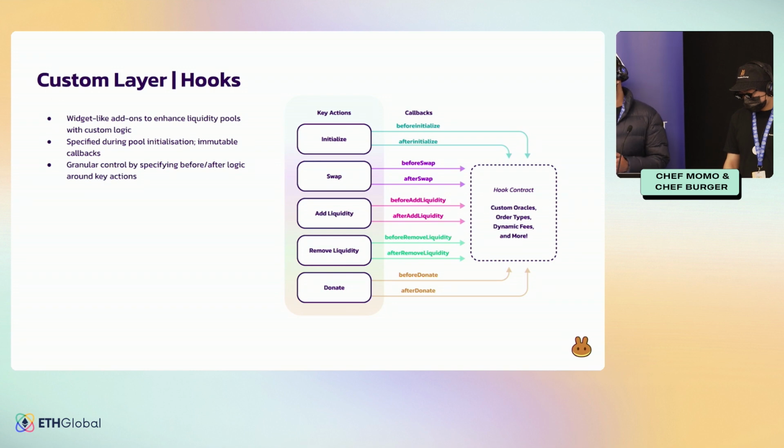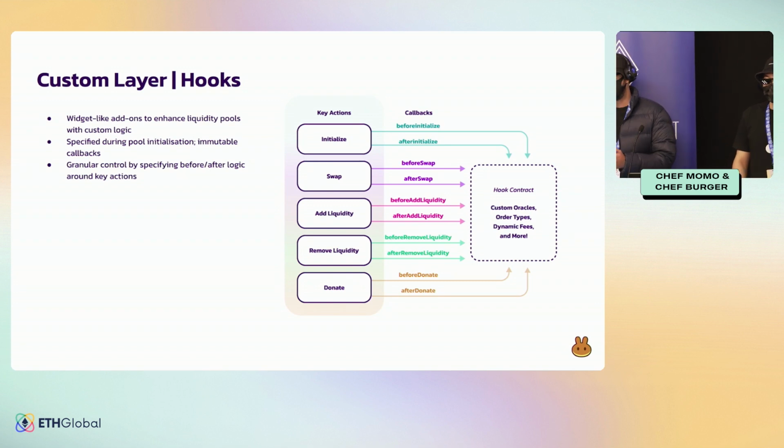For example, let's say custom oracles, right? Taking a simple example, you want to create a median oracle which takes the median price of the last 10 data points. For that, on every swap, you fetch the latest pool price, remove the oldest one, and then take the median of the prices.